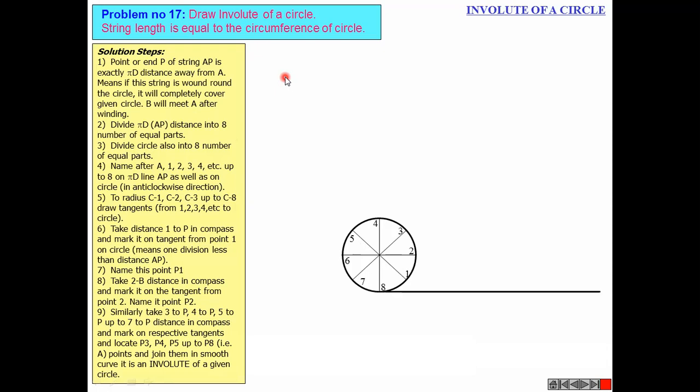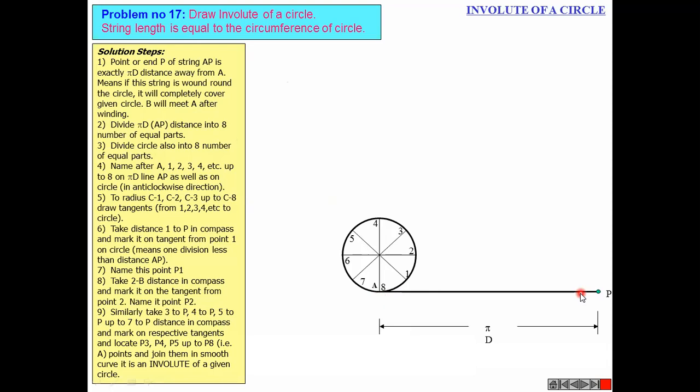Then draw a horizontal line starting from the bottommost point, as shown here, and its length is equal to the perimeter, because we are given that its length is equal to the perimeter.